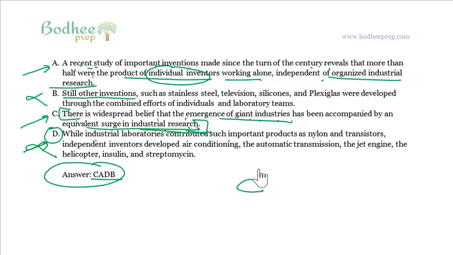So in C statement, you have some belief which says that the emergence of giant industries has been accompanied by an equivalent surge in industrial research. And then in A, basically, you have something which is contrary. It says that a recent study of important inventions made since the turn of the century reveals that more than half were basically the product of individual inventors working alone, independent of organized industrial research.